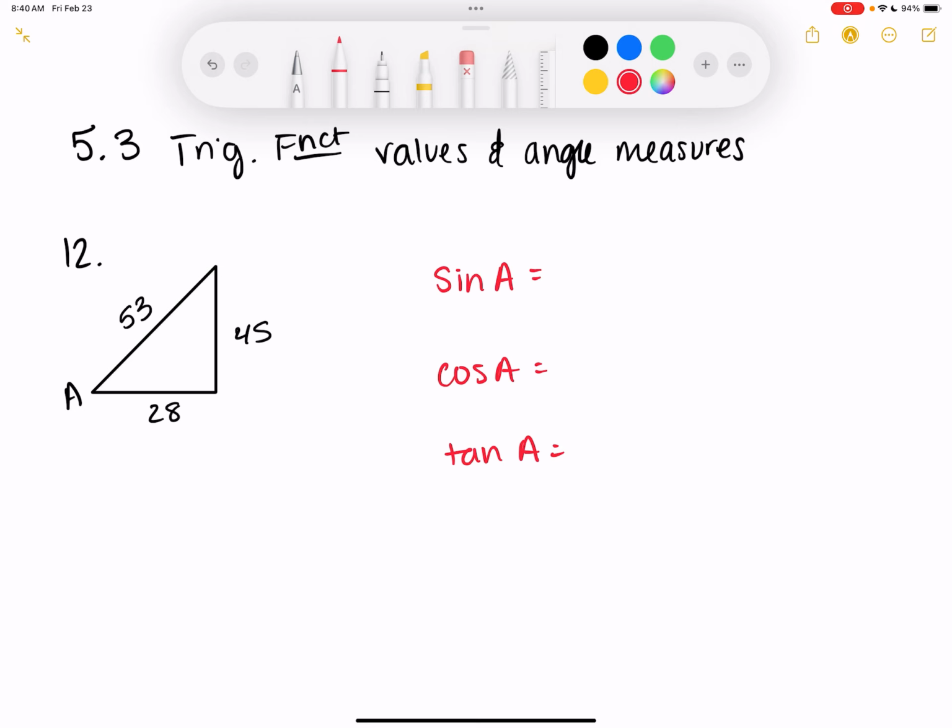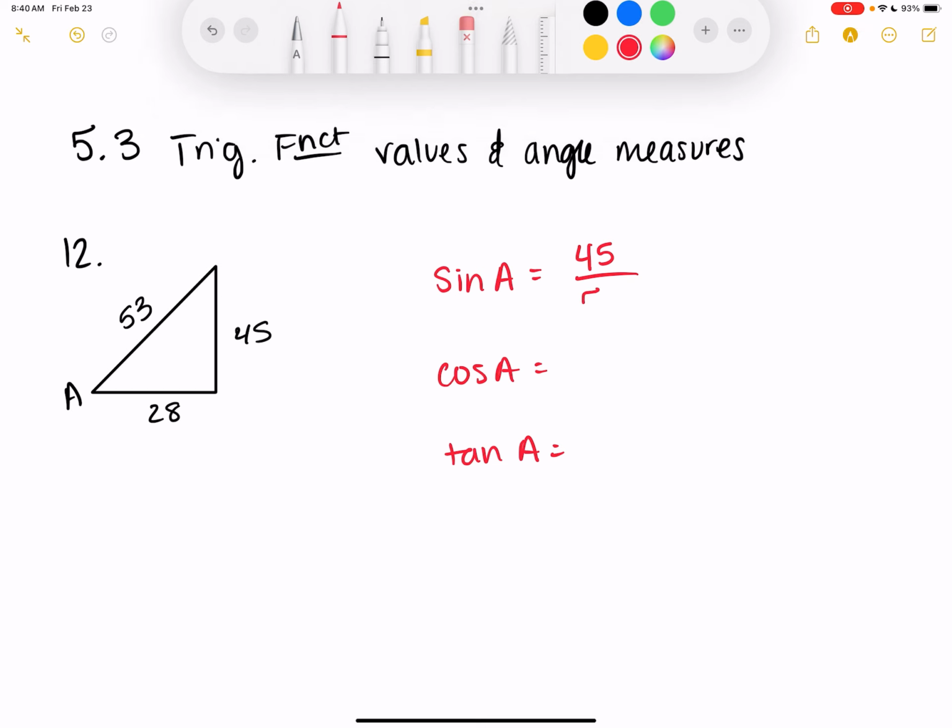So sine of A would be what in this case? It's the SOH part of SOHCAHTOA, so opposite over hypotenuse. So 45 over 53.